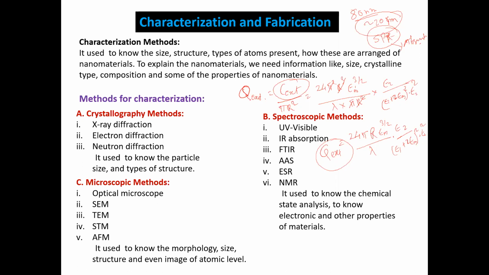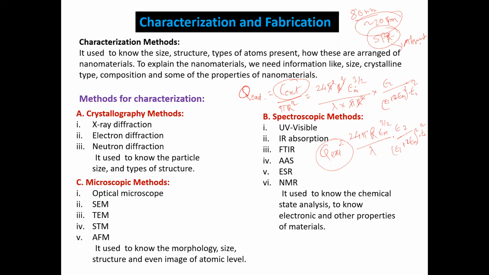So it depends equally on both, the absorption process and the scattering process. When light falls on it, absorption, scattering and transmission occur. So out of these, absorption and scattering are very important. If the nanoparticle size is near about 20 nanometers, then the entire process depends totally on the absorption process.